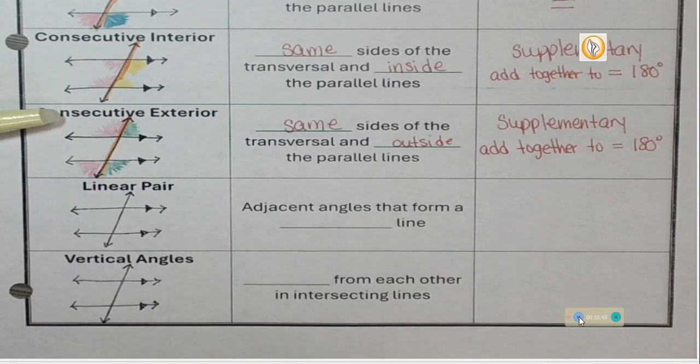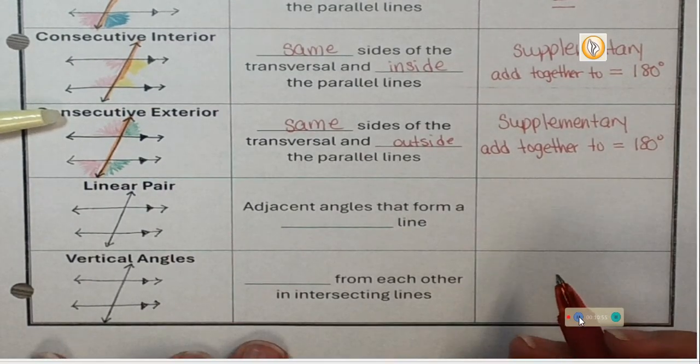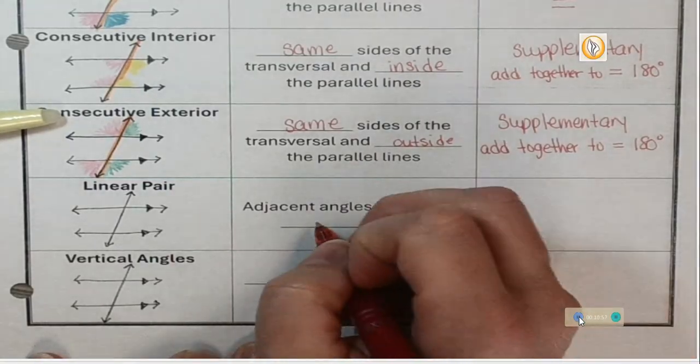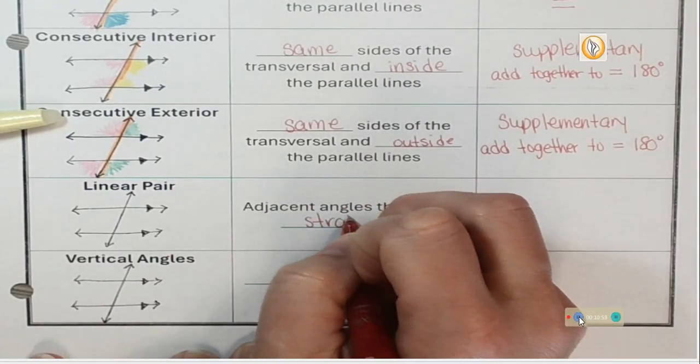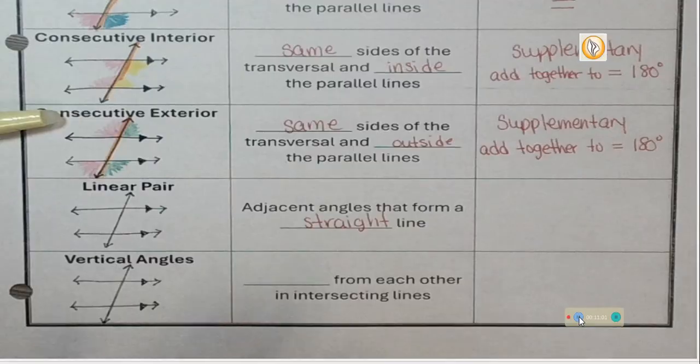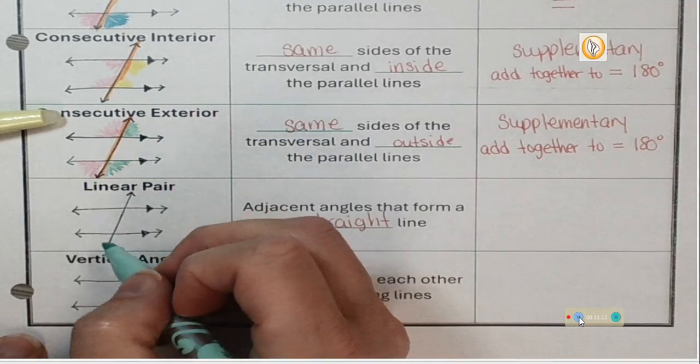The next two sets of angle types, angle relationships, you actually already know. You have seen these before. Now, a linear pair, that would be adjacent angles. That would be two adjacent angles that form a straight line. Okay. Now, I'm going to mark a few linear pairs. Okay. I'm not going to mark them all because I'd have to draw all over the top of whatever I drew.